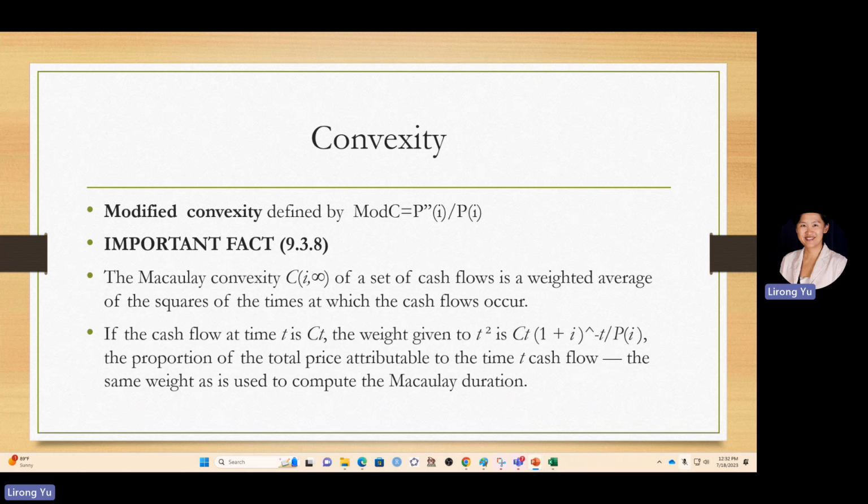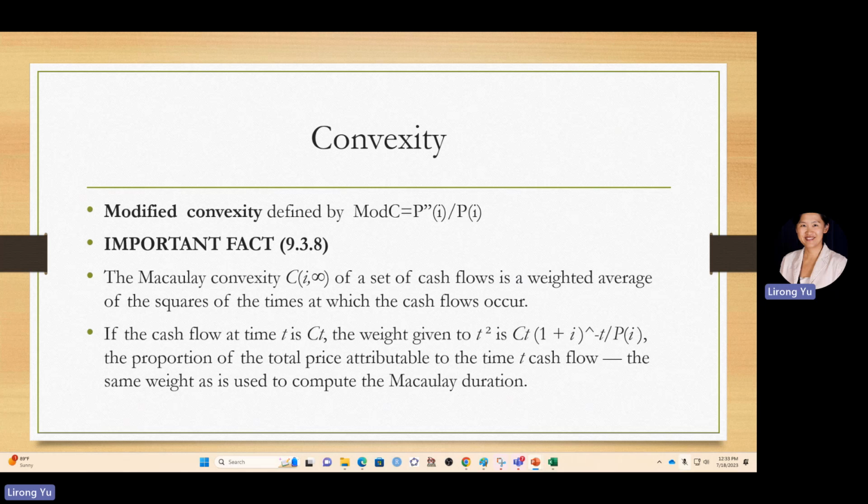If the cash flow at time t is Ct, the weight given to t squared is Ct (1 plus i) to the power negative t divided by P(i), the proportion of the total price attributed to the time t cash flow. Same weight as what's used in computing the Macaulay duration.